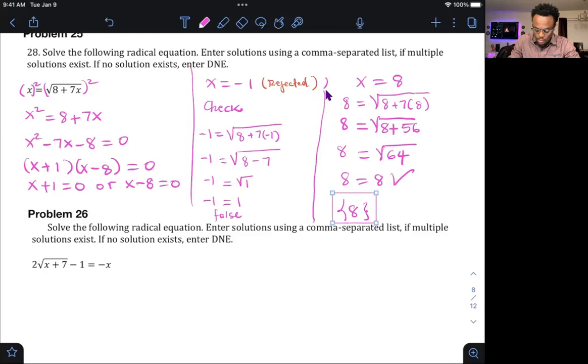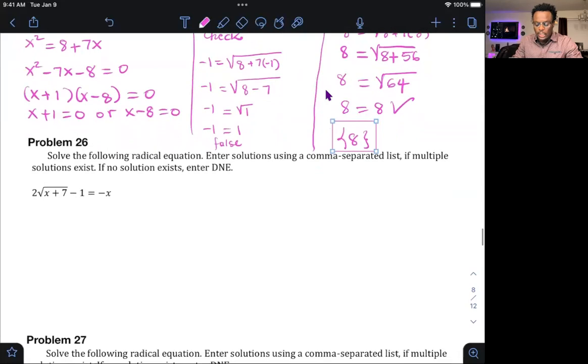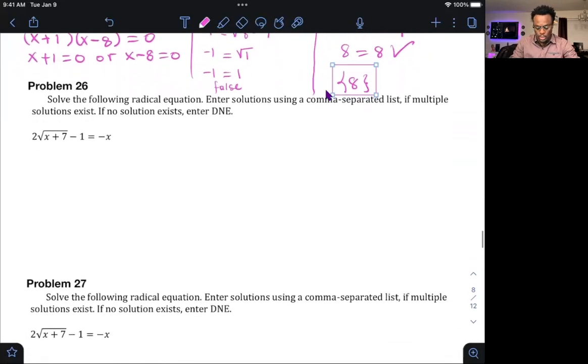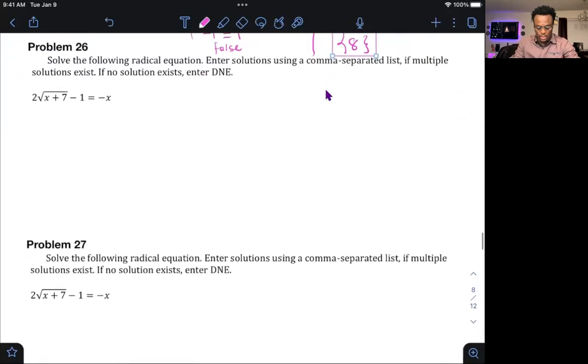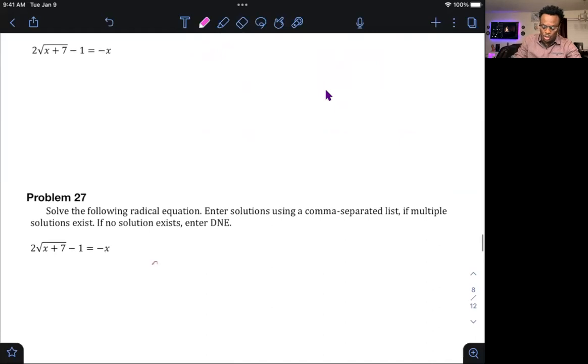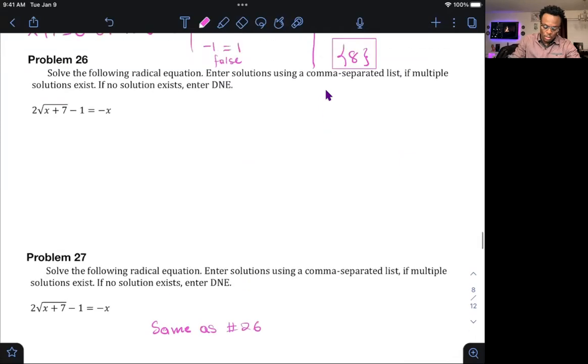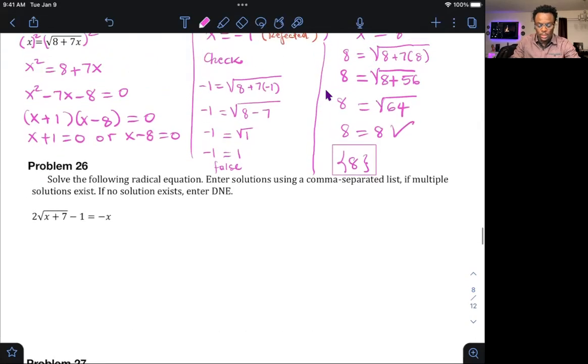In this case, by the way, 26 and 27 are the same, so we will skip 27. So for 26, we want to isolate this part of the equation so we get it by itself. We start this by adding 1 on both sides.